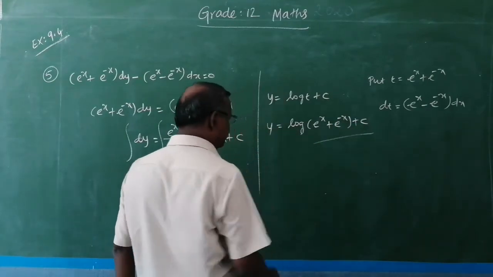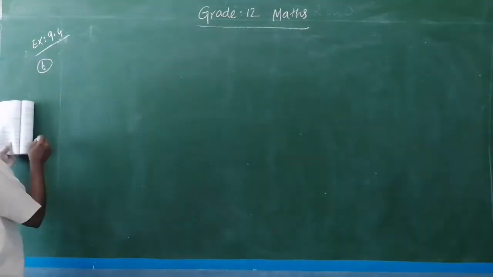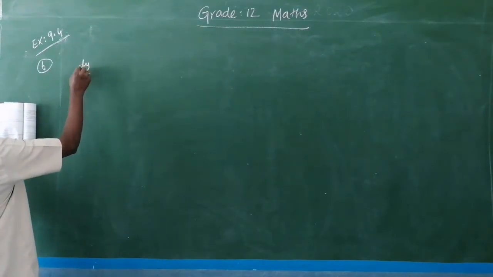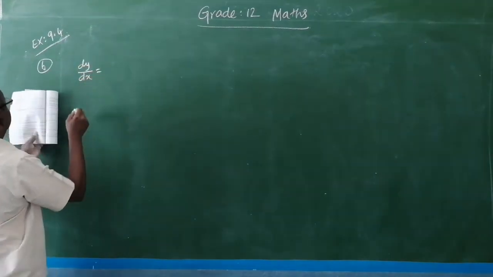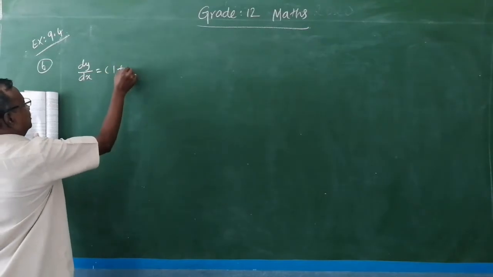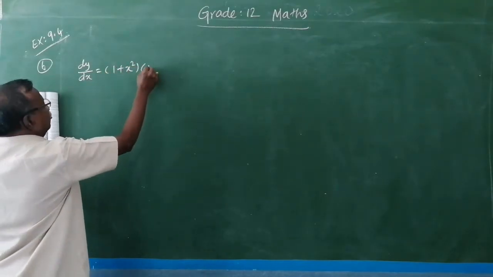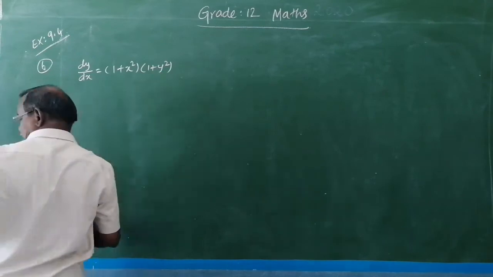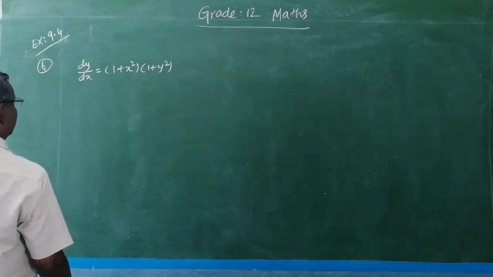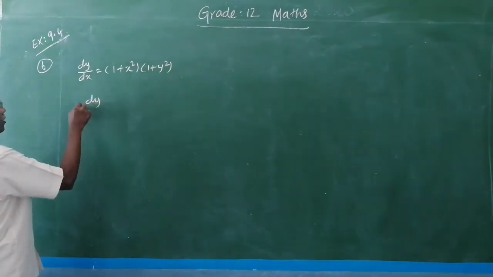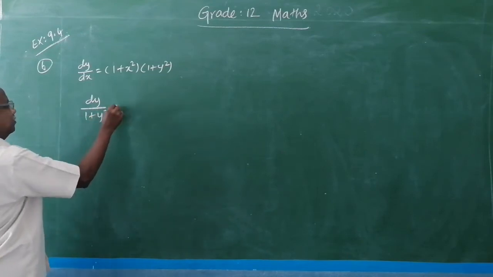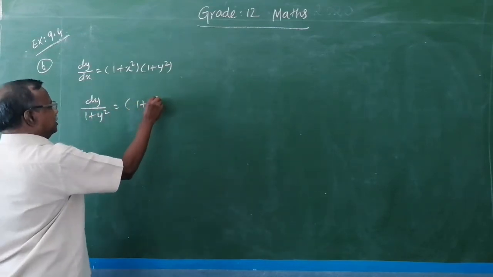So this is question number 6. dy/dx = (1 + x²)(1 + y²). Now separating the variables, we have dy/(1 + y²) = (1 + x²) dx.